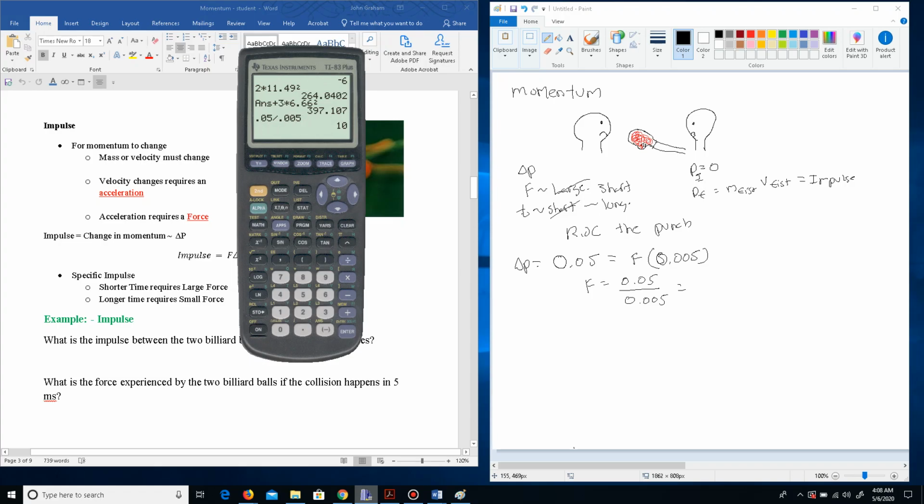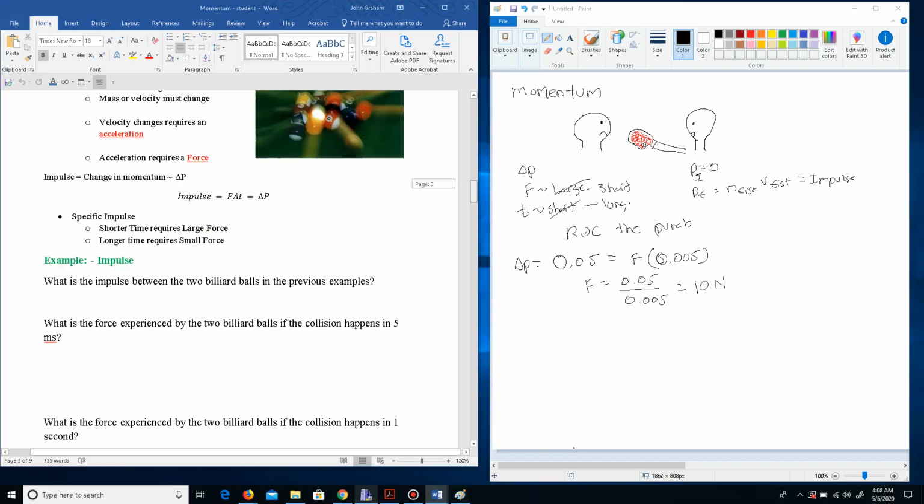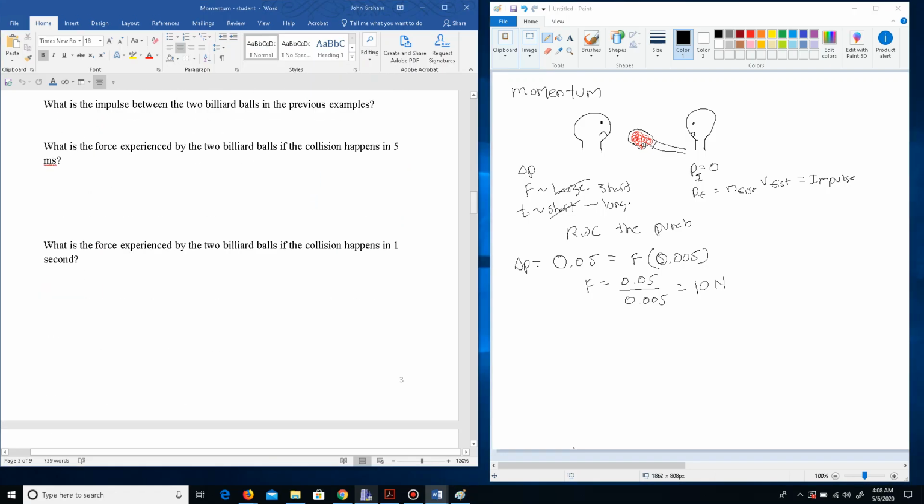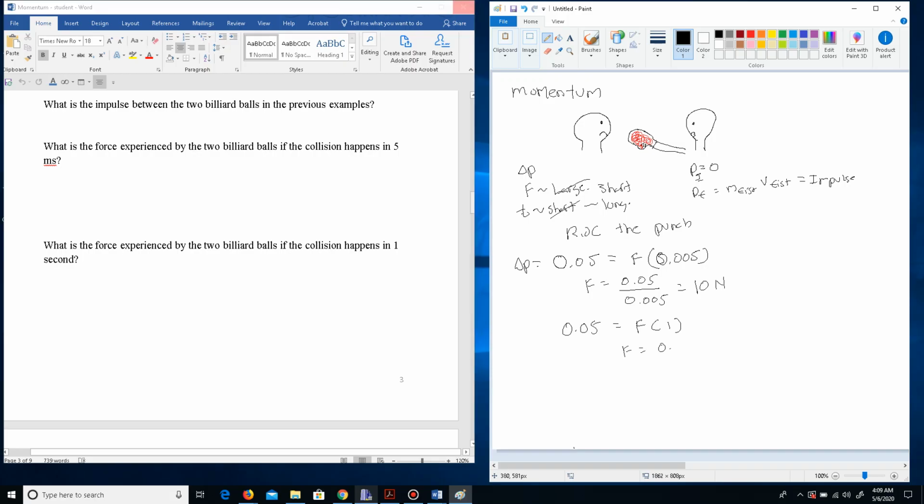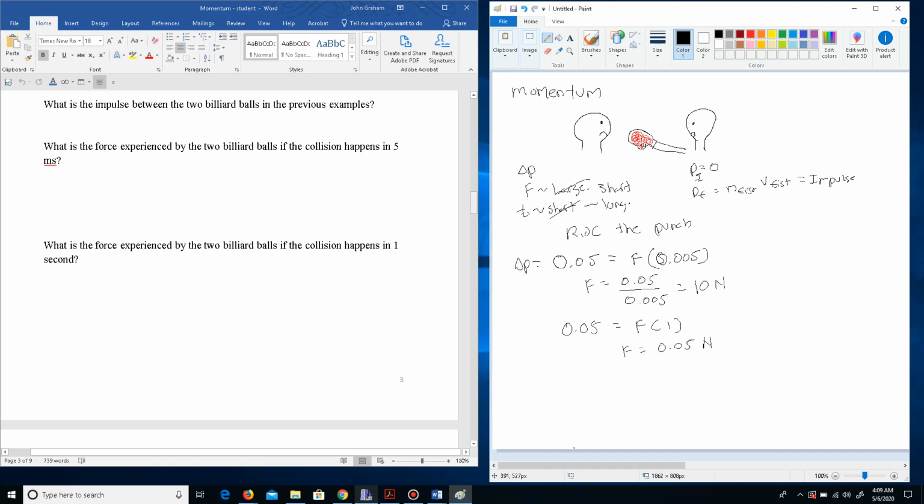And you get 10 newtons. Okay. Now, what if we do it over 1 second instead? And so you have that change of momentum, 0.05 equals the force times 1 second. So the force is equal to 0.05 newtons. Okay. A lot higher over time, a lot lower of the force.